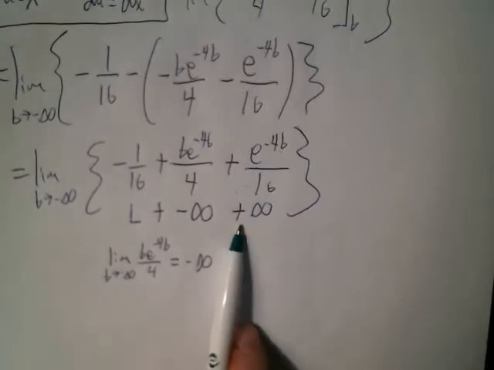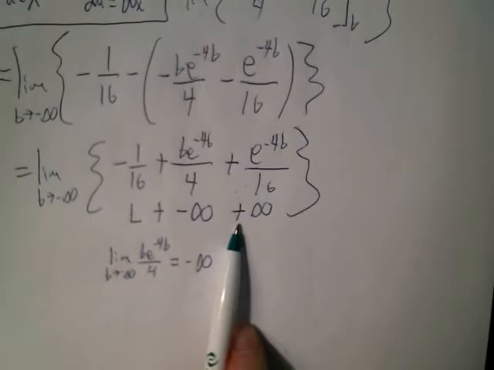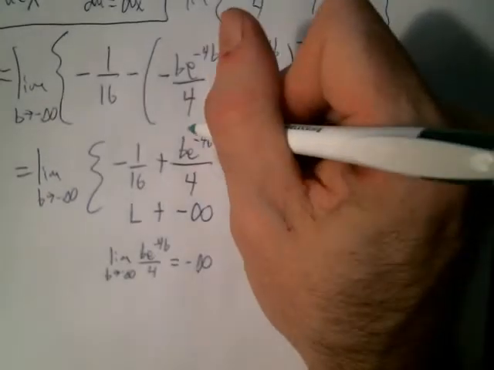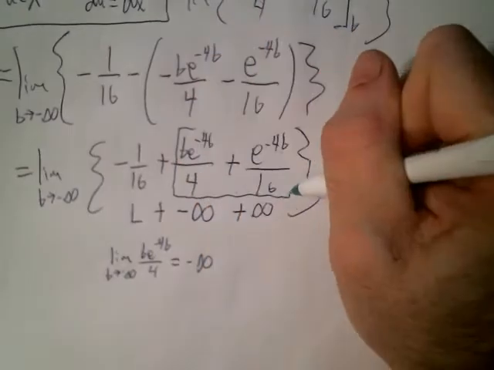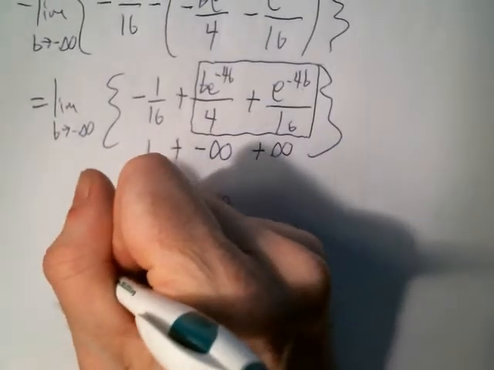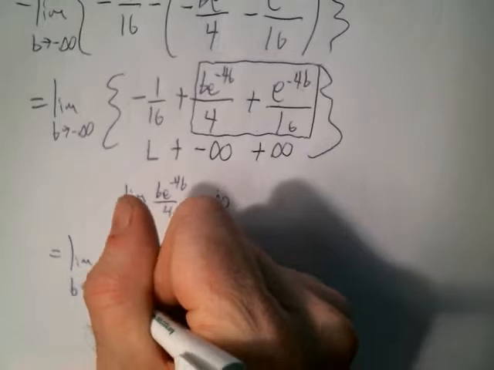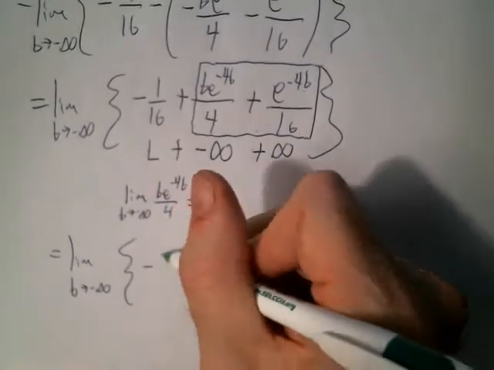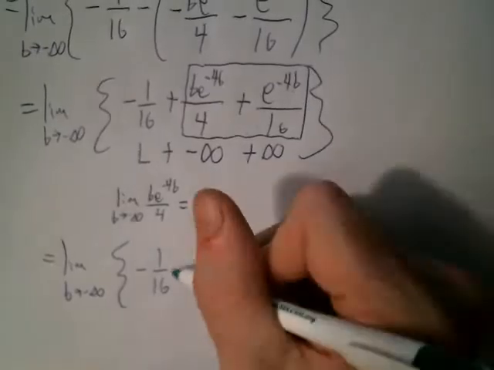So you're going to have to deal with this in some other way, rather than what we've done. So what I'm going to do is combine these two guys into one term. So this is equal to the limit as b goes to negative infinity of negative 1/16.